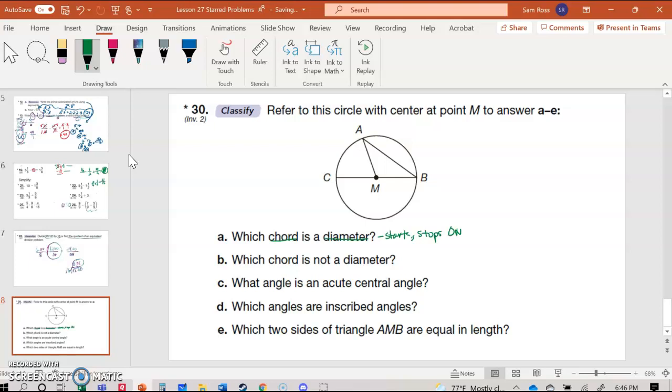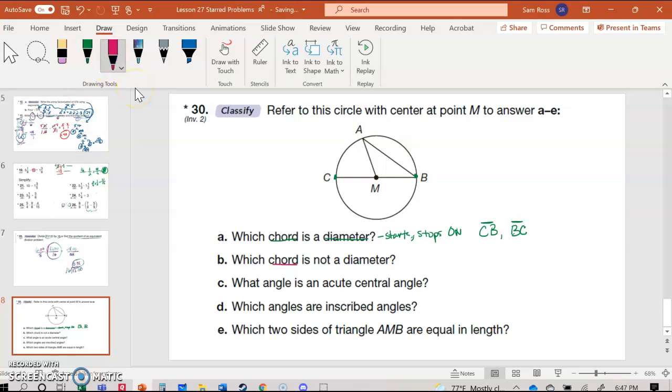So AB is a chord, and CB is a chord. The diameter is the longest chord because it starts and stops on the circle. So this is CB, and it is a segment, so it looks like that. You could also say BC. Same difference.